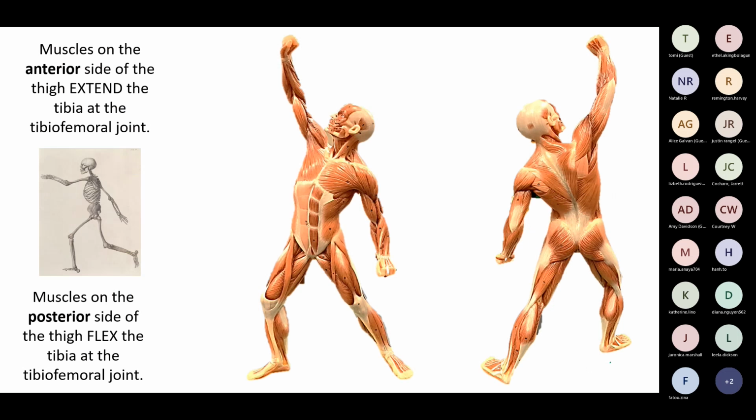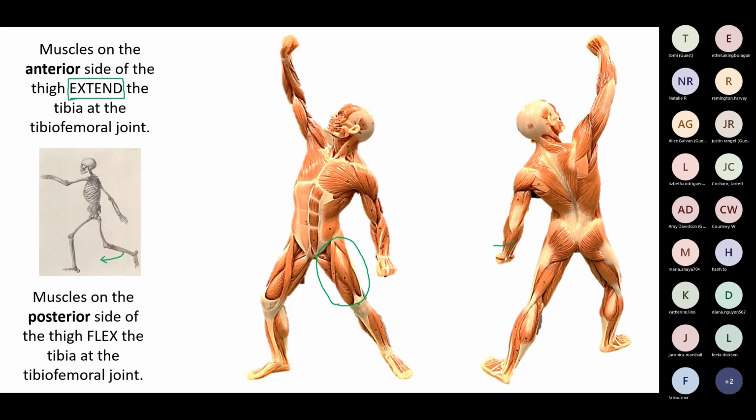So check this out. We go back to those rules about where you live telling me what you do. Remember that extending the tibia looks like pulling the tibia forward. If you extend the tibia, you live on the front. All of those muscles up here that we said flexed the femur also extend the tibia.